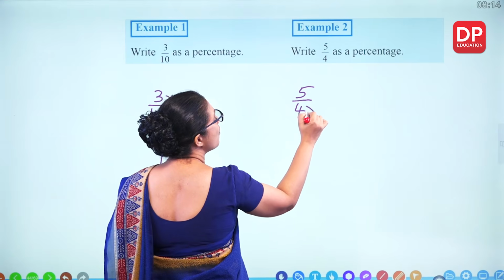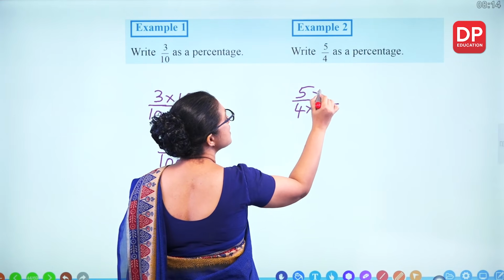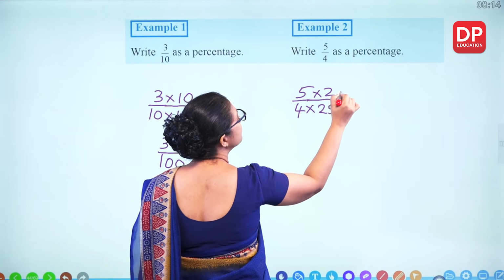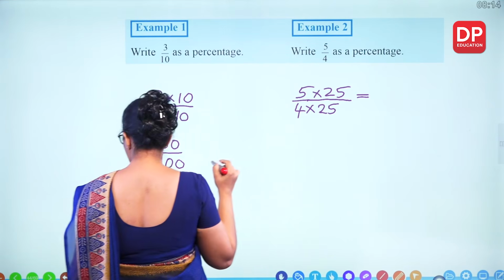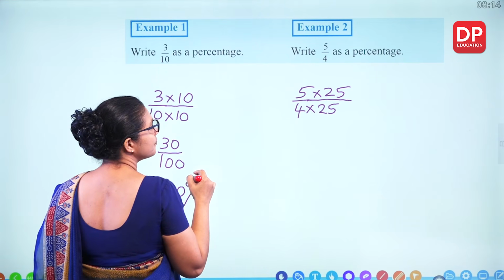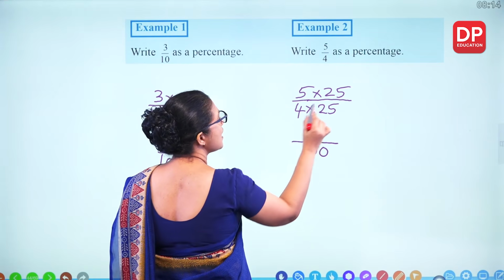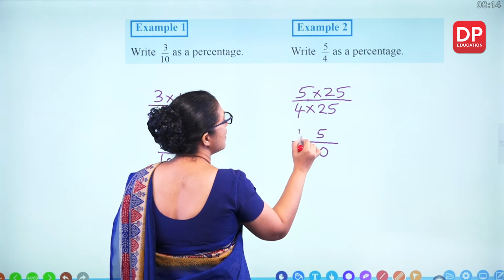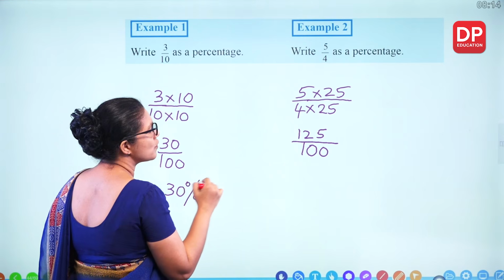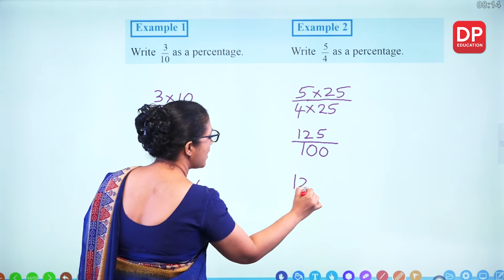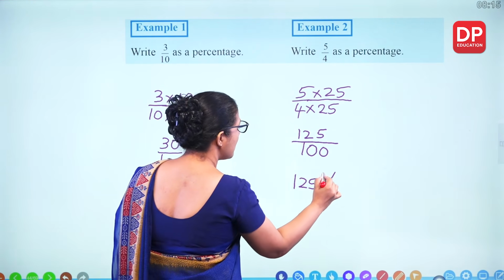Denominator is 4. Multiply by 25 to get 100 there. Do the same thing to the numerator. You get 100 in the denominator. 5 times 25, 125. So as a percentage, you can write 125%.